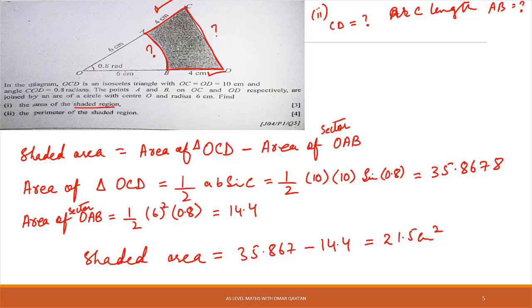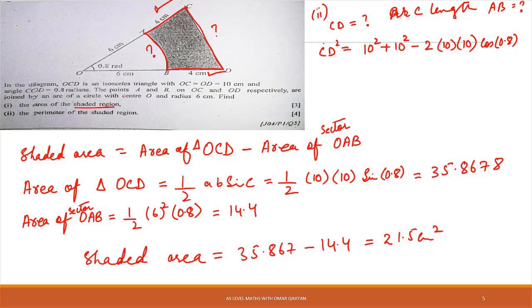So applying the cosine formula for finding side CD, CD square will be equals to square of this side, that is 10 square, square of this side, that is also 10 square, minus 2 into this side and this side, so it will be 10 into 10, and the angle between these two sides is cos of 0.8.